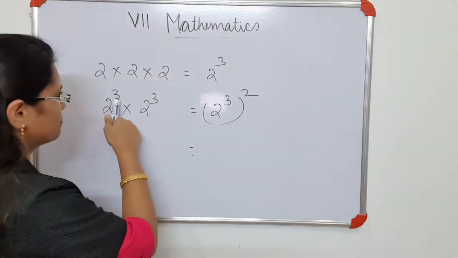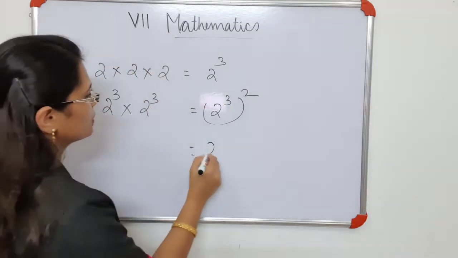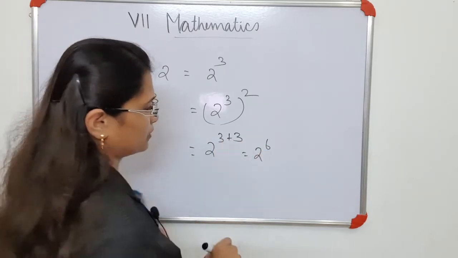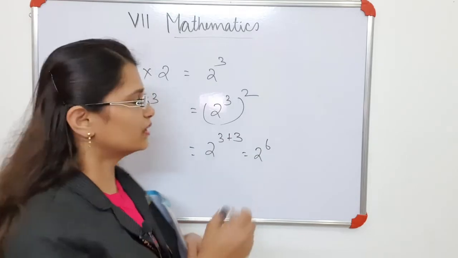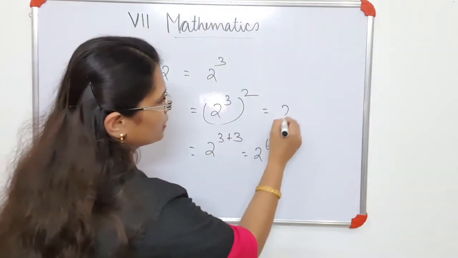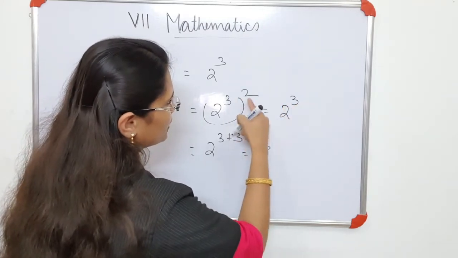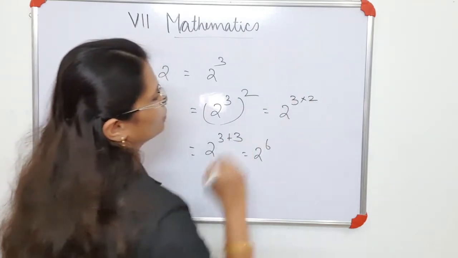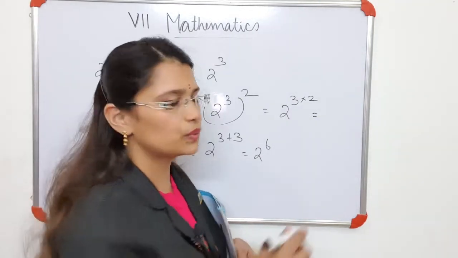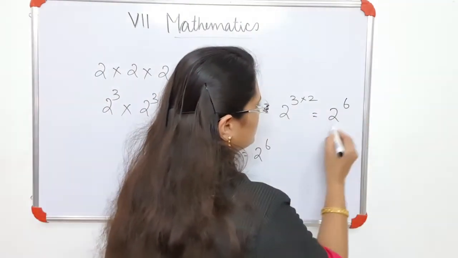So x raised to m plus n means 2 raised to 3 plus 3 is equal to 2 raised to 6. Right? So here 2 raised to 3 whole raised to 2 means 2 raised to 3 into 2 is equal to 2 raised to 6.